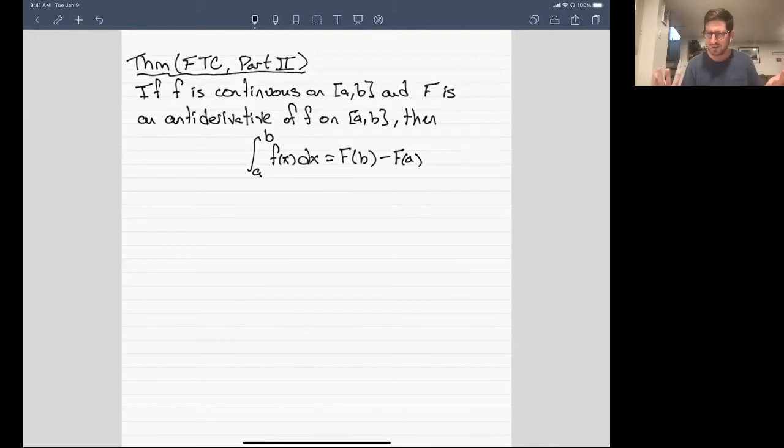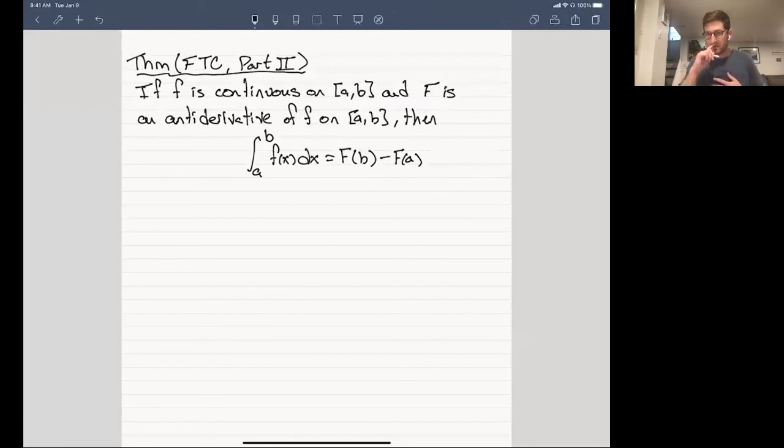It says, if I know the antiderivative, then I don't have to compute a Riemann sum. That's a huge pain, a lot of work. No, I just need to evaluate the antiderivative at the endpoints.